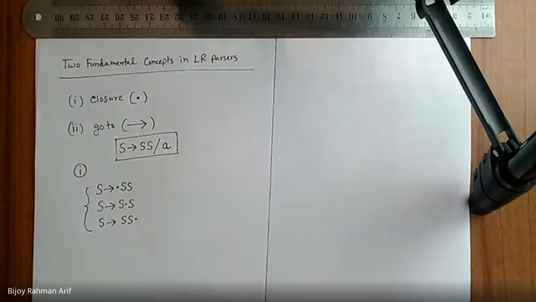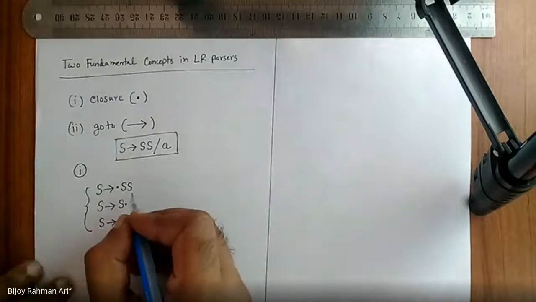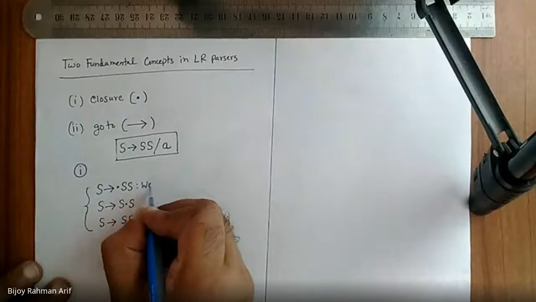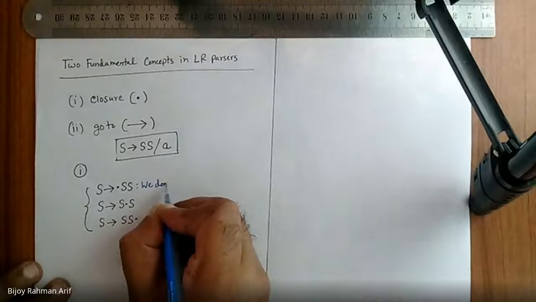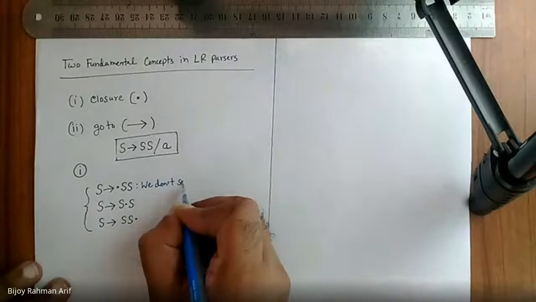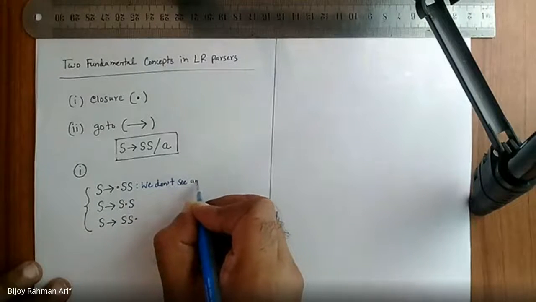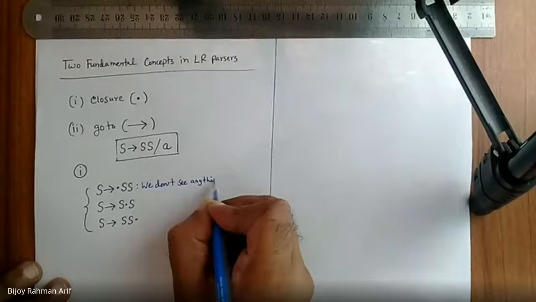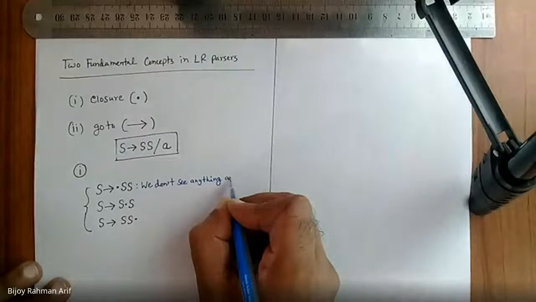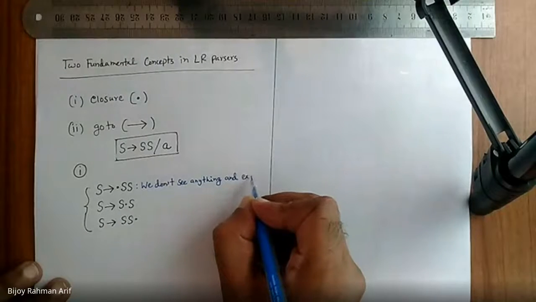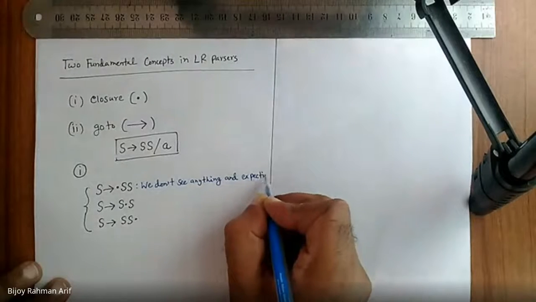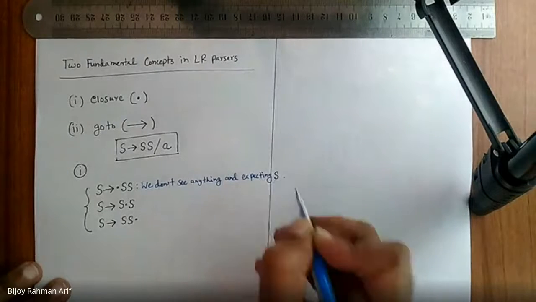We can say like this: we don't see anything and we are expecting S. Did you get it?